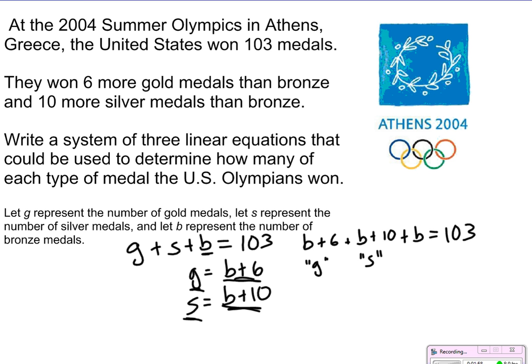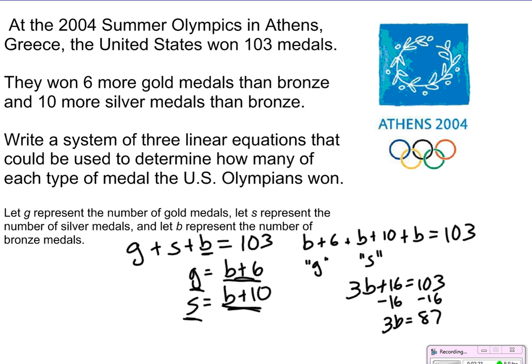So what I'm going to do here then is put all this together. So I'm going to get 3B plus 16 equals 103. Subtract 16, subtract 16. 3B is going to equal 103 minus 16, which is going to be 87.